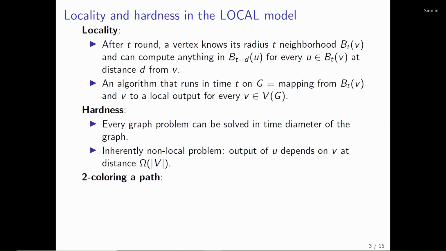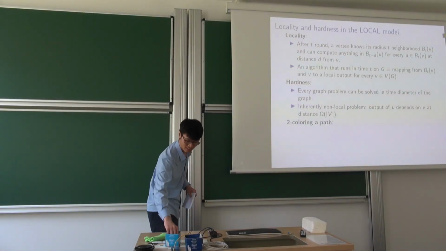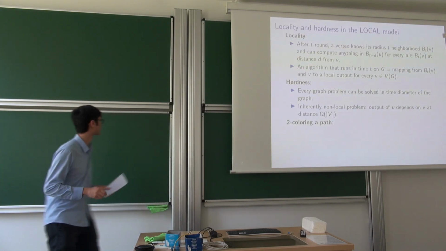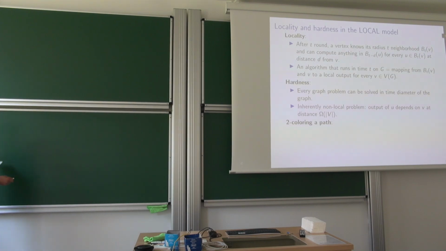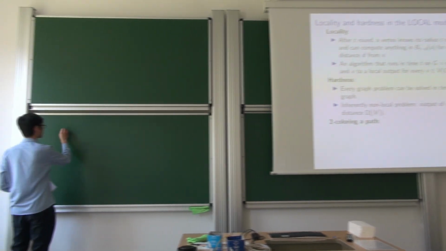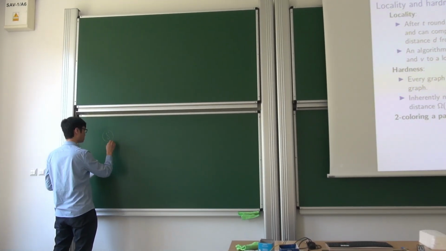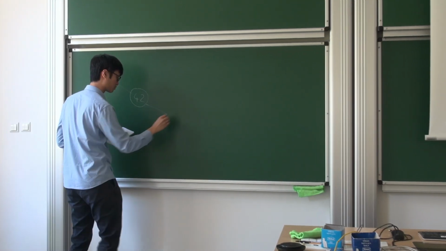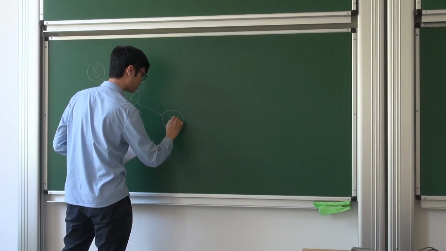Oh, sorry, I forgot something. Let me show you something easier first to get a better feel for local algorithms. Before going to two-coloring of a path, let's take some graphs and see how we can execute a local algorithm on this graph.